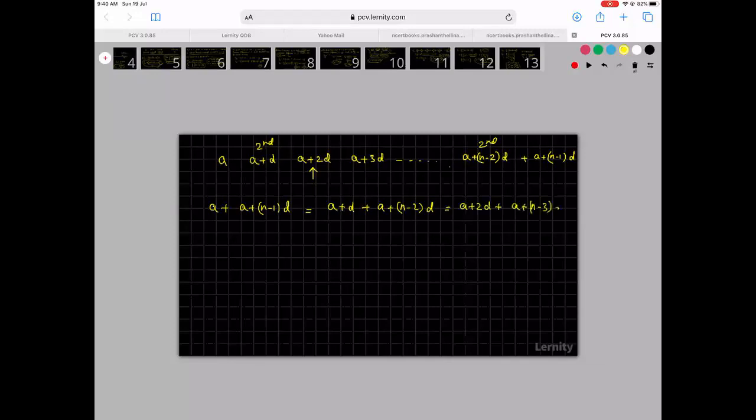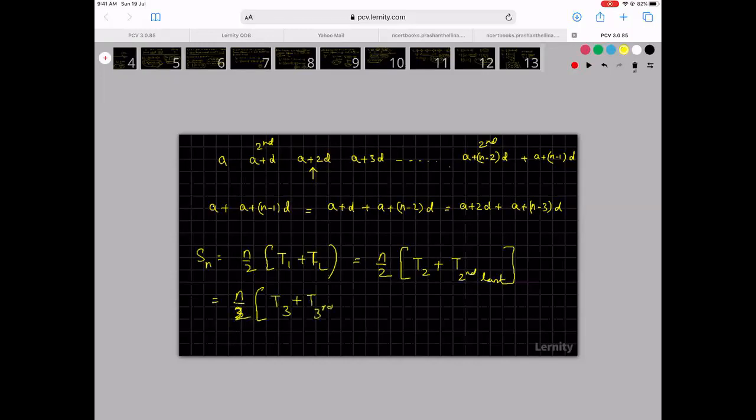Okay, so if I am telling you that the sum of n terms is n by 2 into t1 plus t last, it is also equal to n by 2 into t2 plus t second last. This is also equal to n by 2 into t third plus t third last.